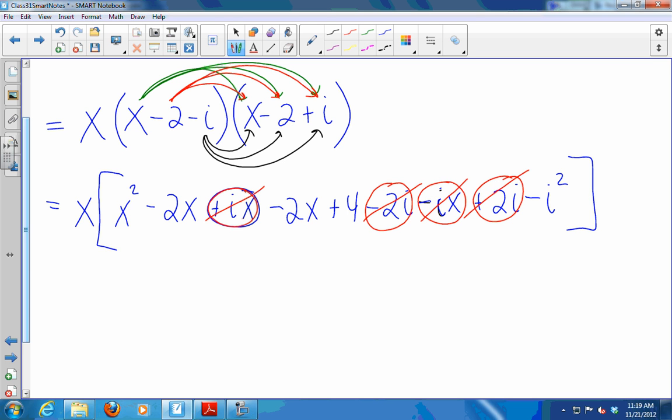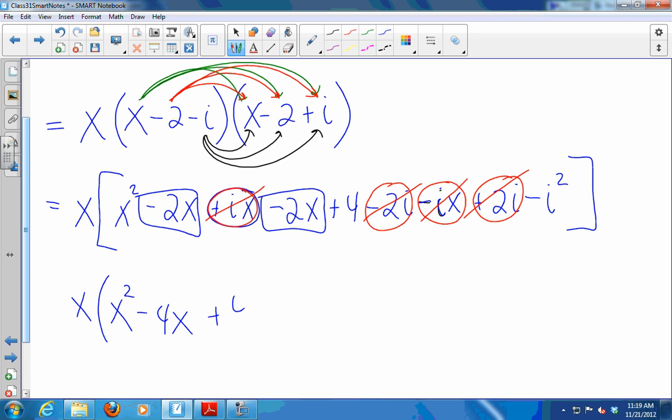And then I can combine some like terms. So I'm going to have x times x squared. I have negative 2x and negative 2x makes negative 4x. And then I have plus 4 and minus i squared, but what is i squared? Negative 1.